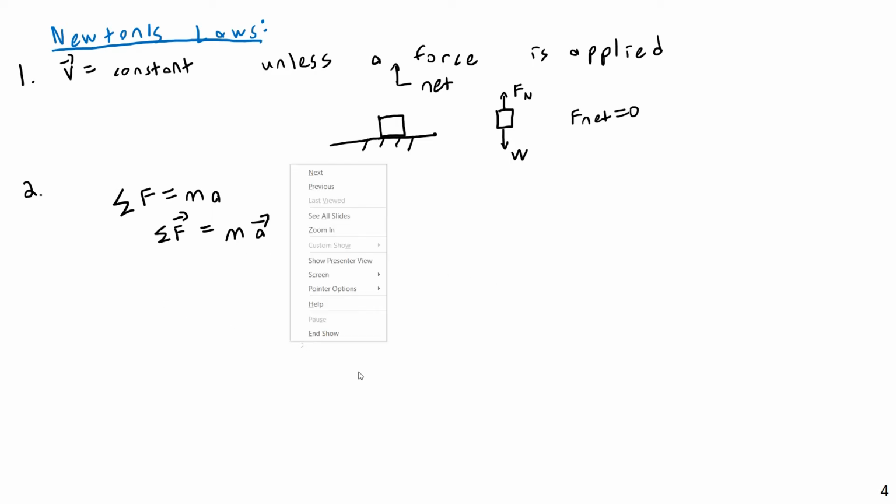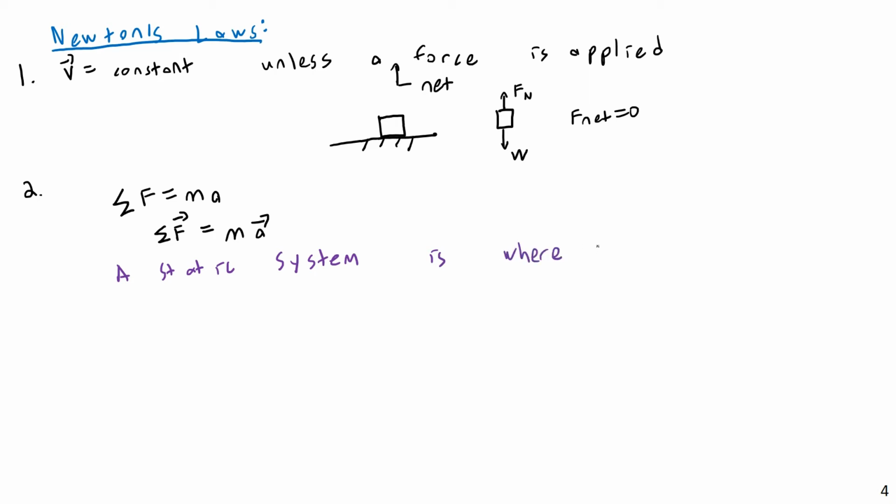So in statics, this is very important. In statics, by definition, a static system is one where the acceleration is 0. Now, I could say that it has to be in a co-moving reference frame if I really wanted to get all physics on us.